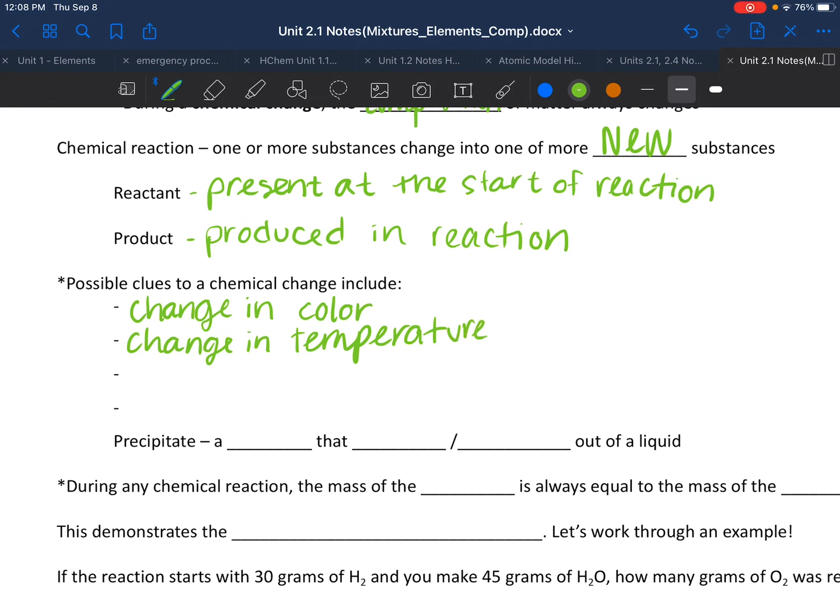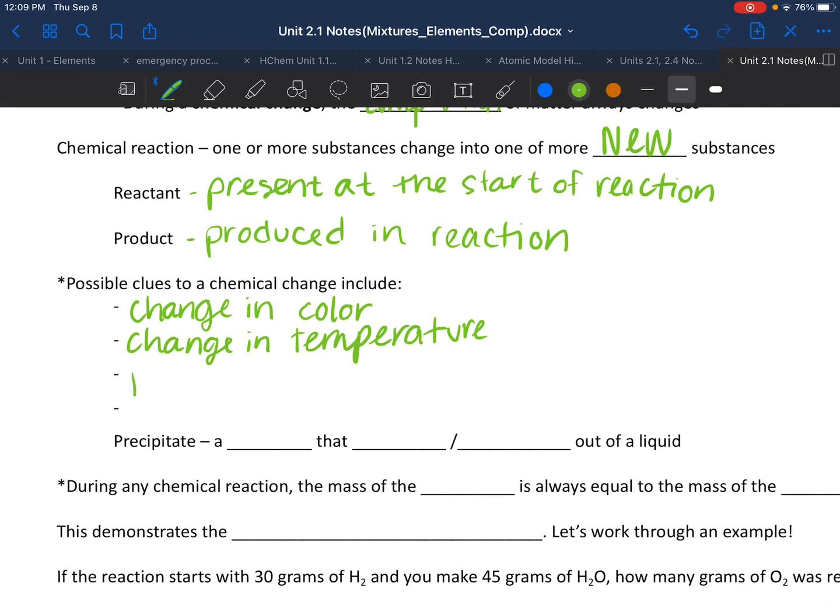But sometimes this can be a chemical change, if you add two chemicals together and then the solution heats up without us using any sort of heating element. That's what makes a chemical change, that the reaction itself is producing the heat. We're not adding the heat to the reaction.